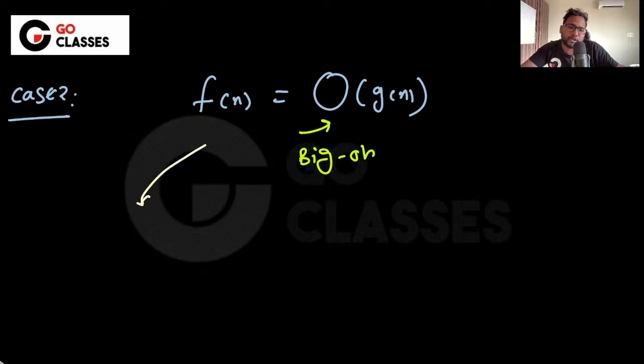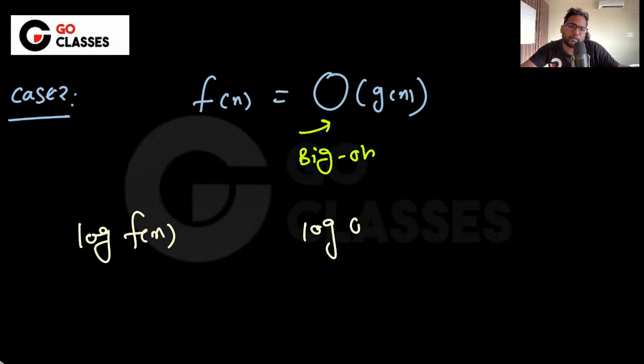Suppose I ask you the relationship between log of fn and log of gn. See, initially it is less than or equal to. After taking the log, the margin may be less, but it is still not reversed. It cannot be the reverse inequality or something like this, right? So it will still hold. Is this okay to everyone?